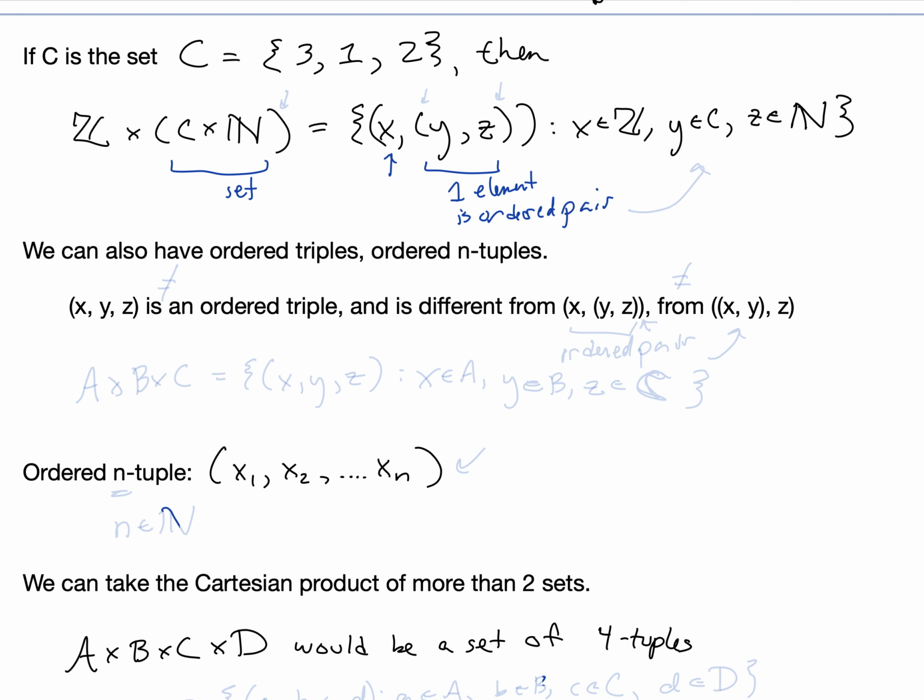And because of the parentheses here, we would also have these parentheses around each of those elements, which again are ordered pairs themselves. These are from the Cartesian product C cross N.